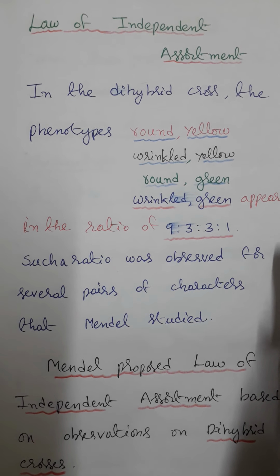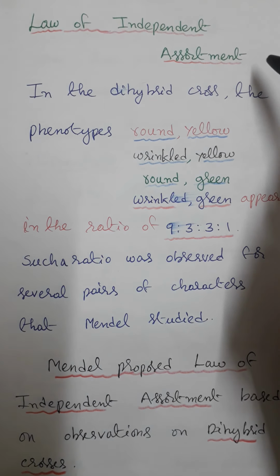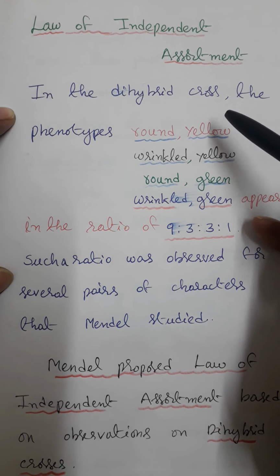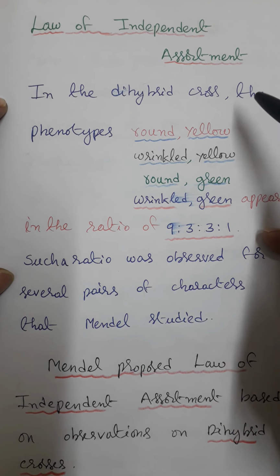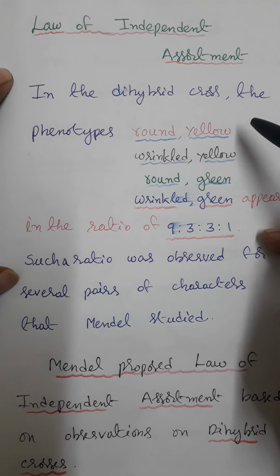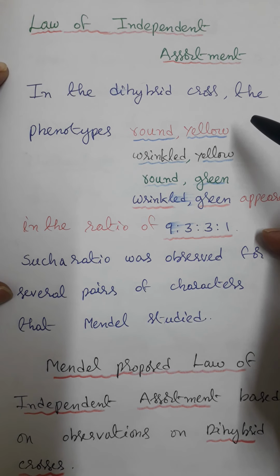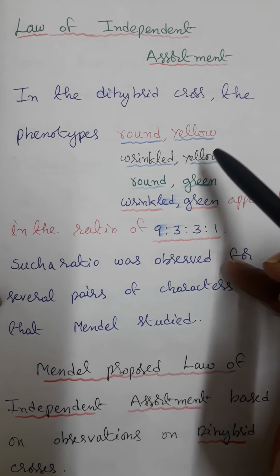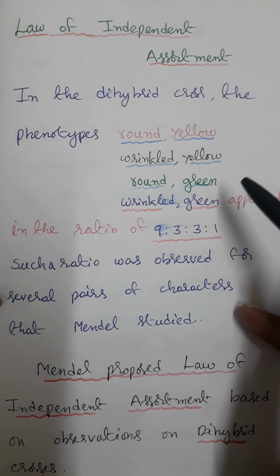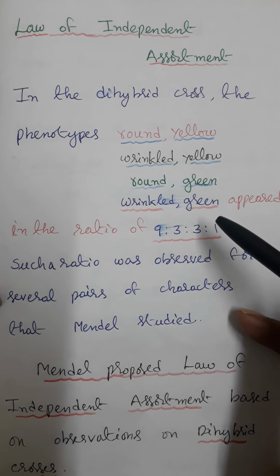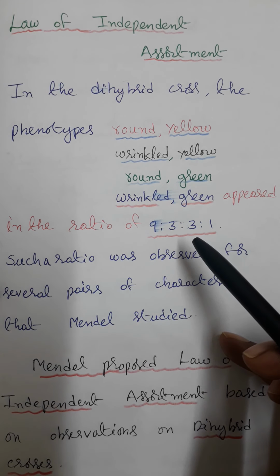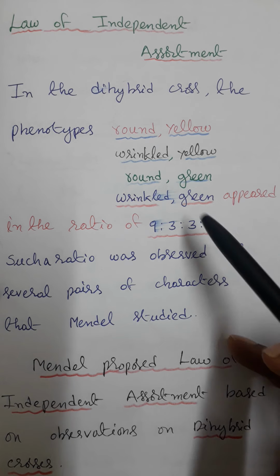Today I am going to teach you about the law of independent assortment. Knowledge of the dihybrid cross is required to understand the law of independent assortment. In the dihybrid cross, the phenotypes round yellow, round green, wrinkled yellow and wrinkled green appeared in the ratio of 9 is to 3 is to 3 is to 1.